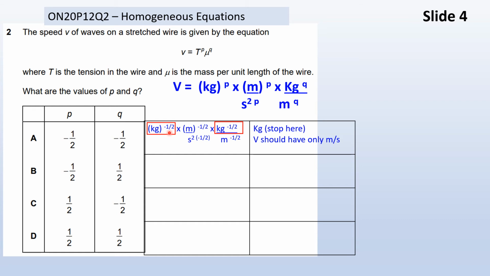And when you add minus half and minus half, the result is minus 1. So kilograms is going to be showing on the result of this expression. So I will stop here because kilogram is not in the unit for velocity, which is meters per second. Stop right there. So let's take a look at option B.